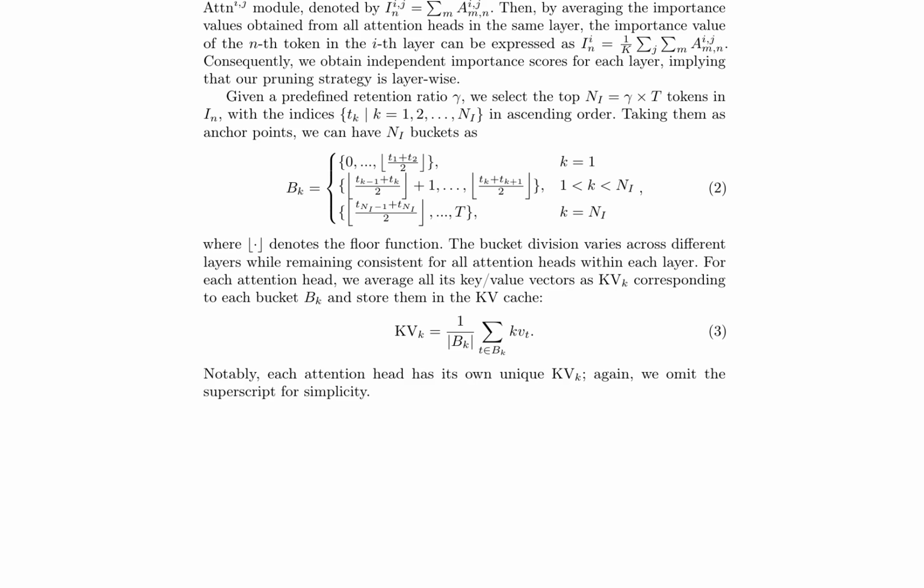For each attention head, the key value vectors corresponding to each bucket B_k are averaged and stored in the KV cache, represented by equation 3. Each attention head has its own unique KV_k, emphasizing the variability in cache storage across different heads. This policy facilitates efficient processing and storage during the instruction encoding stage, allowing for better utilization of the model's resources.